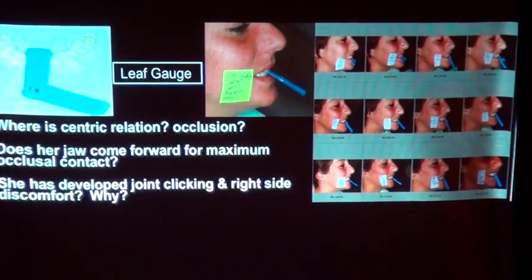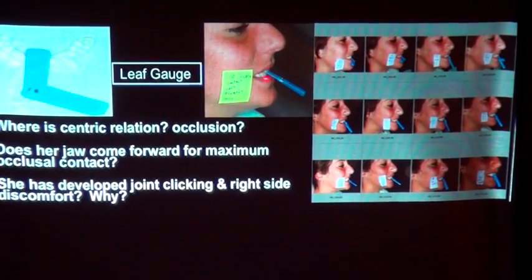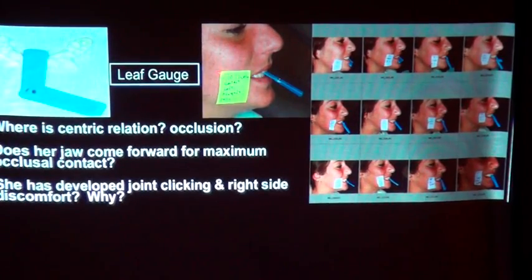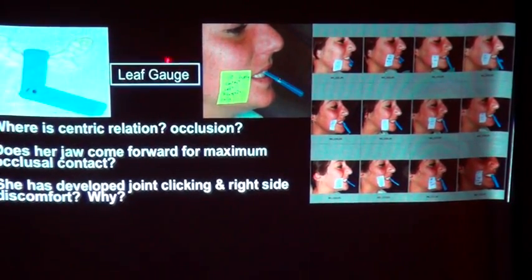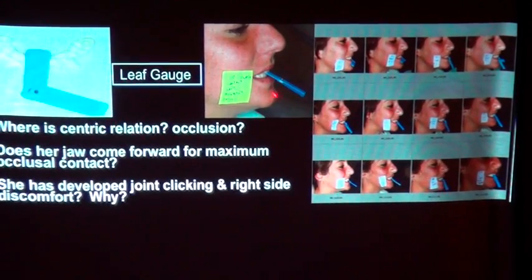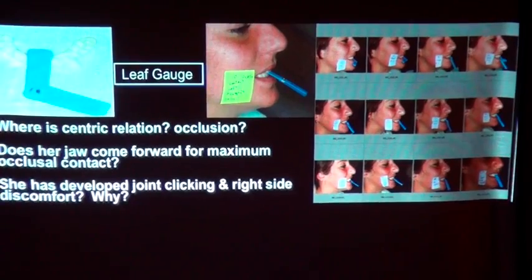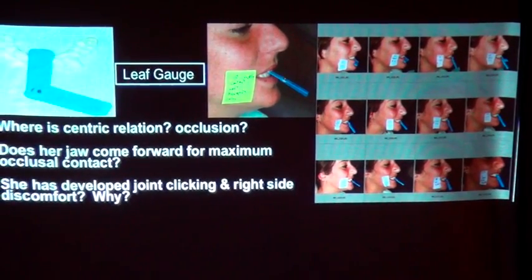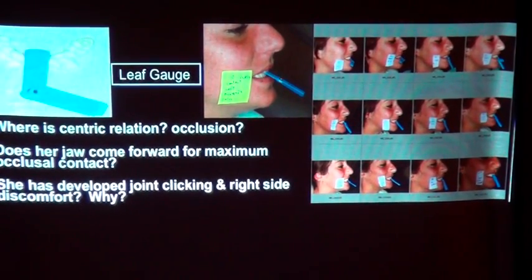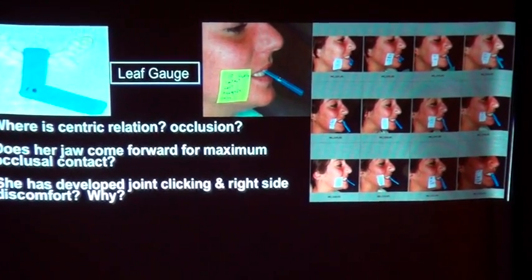So a leaf gauge acts as a Lucia jig, which you place between the central incisors and you gently guide the jaw closed and they slide back. The leaf gauge has maybe 20 leaves in it, and you put one in and slide them back and ask them, do you feel any contact in your posterior teeth? And this young lady said, yes. I put 2 leaves in there and I guided her back.